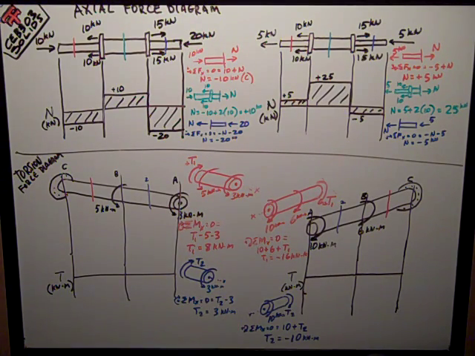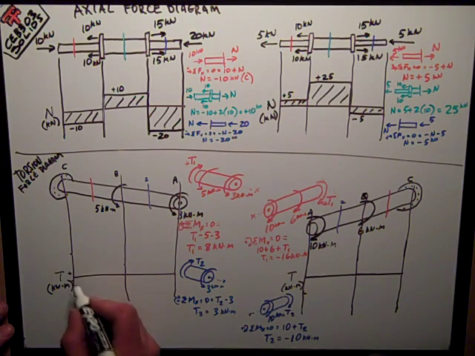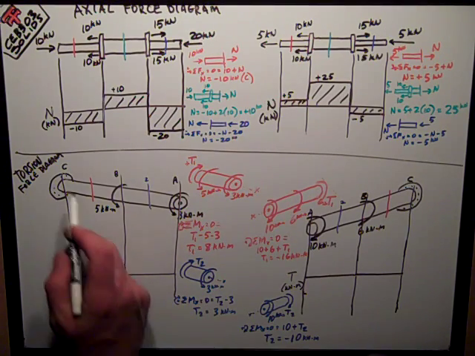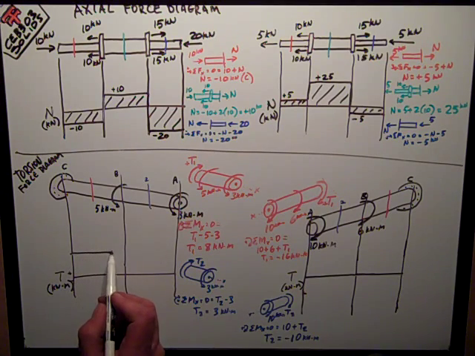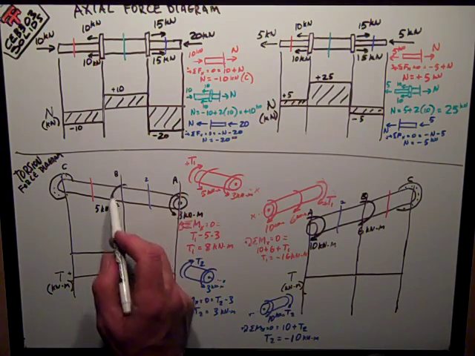So to graph that, I have positive and negative, and then I have segment CB, positive 8, going over to point B where this torsion drops off.